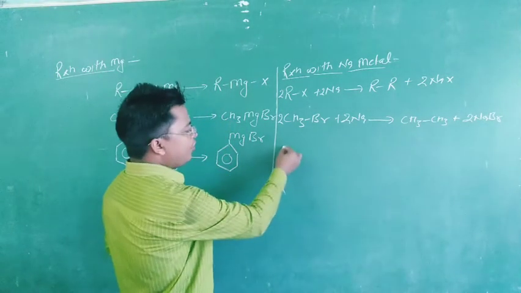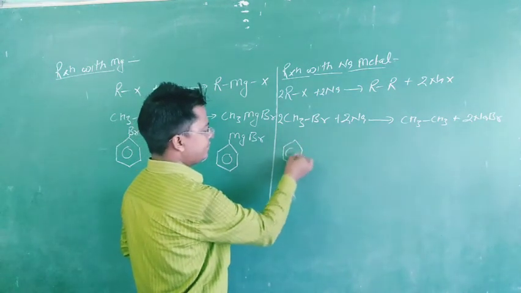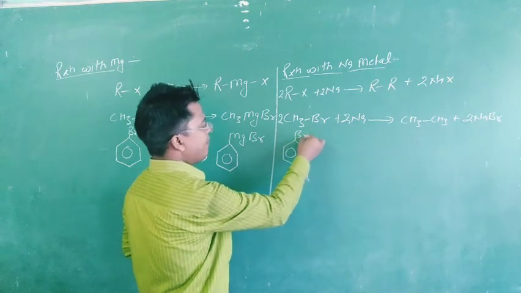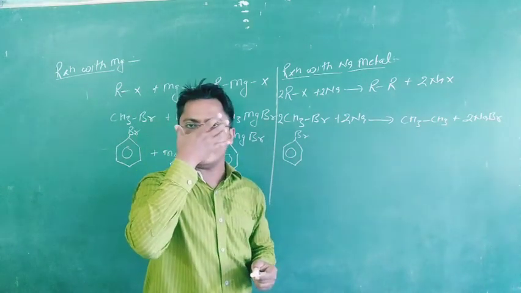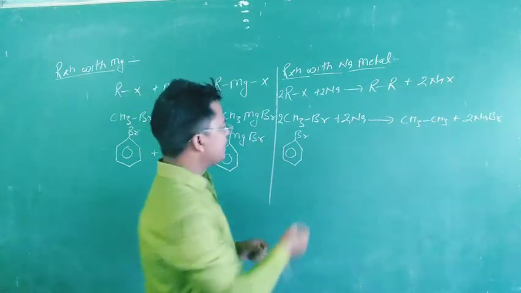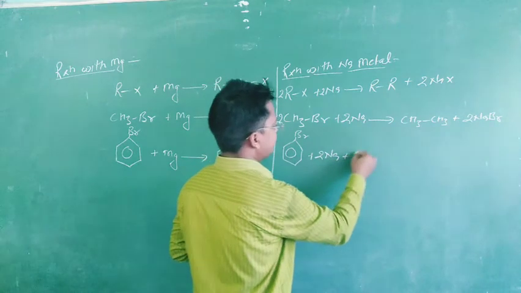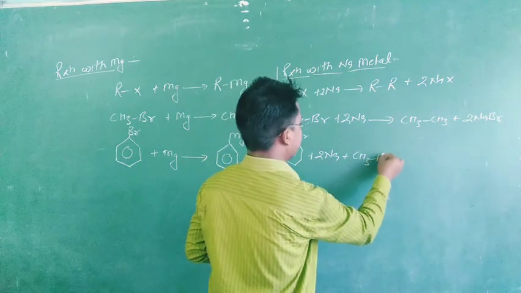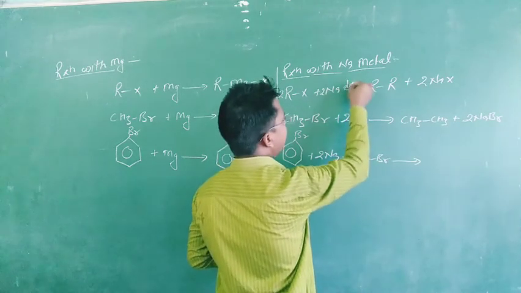When one molecule is aryl halide and another one is alkyl halide, a Wurtz-Fittig reaction takes place like this, with 2 sodium metal. The reaction is carried out in the presence of dry ether.